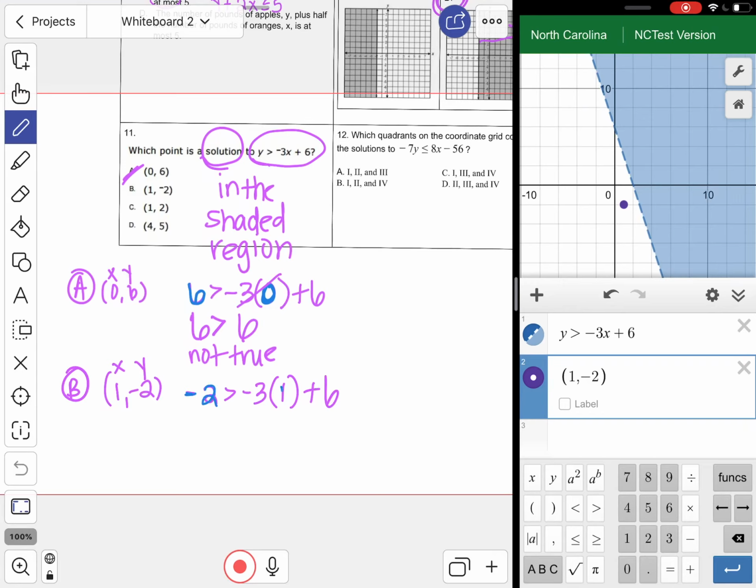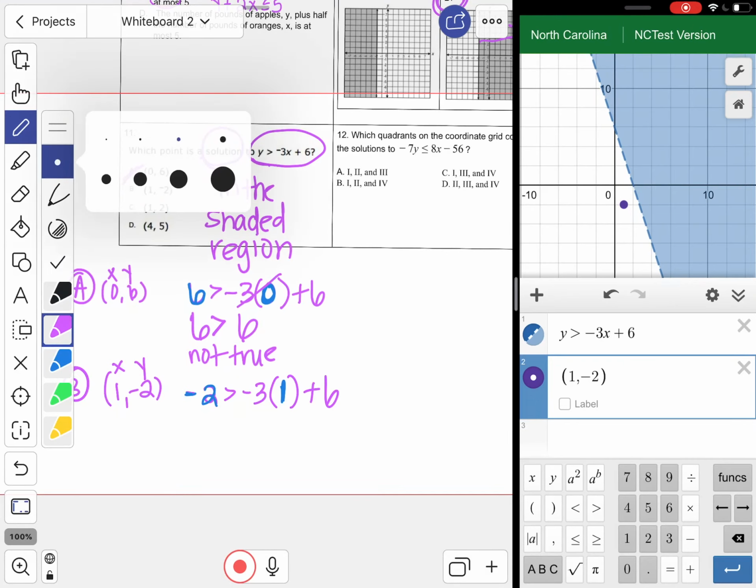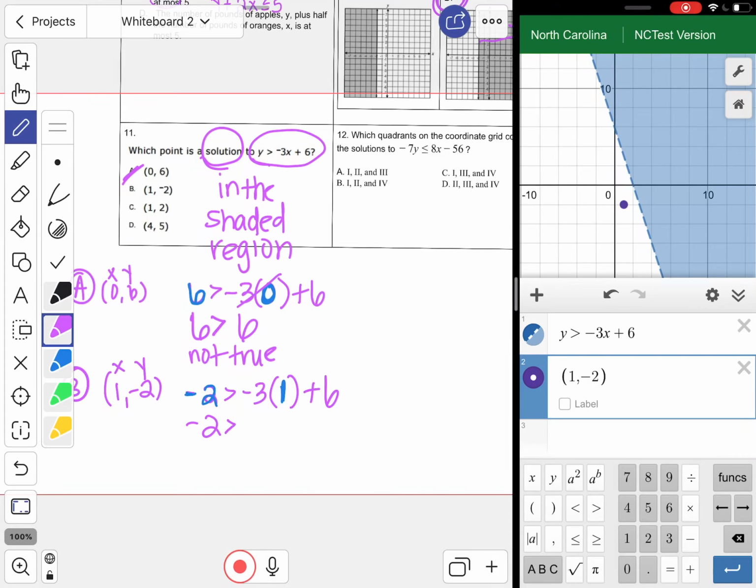So I have -2 and 1. All right, so negative 2, is that greater than negative 3 times 1 is negative 3, plus 6 is going to be positive 3. That is not a true statement either, so which is why it's not in the shaded region. So B is not correct.